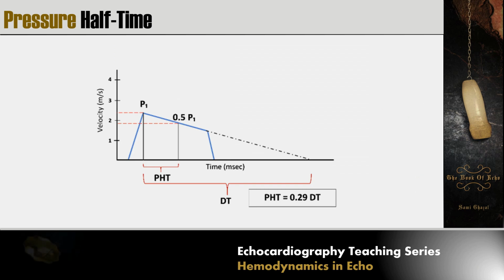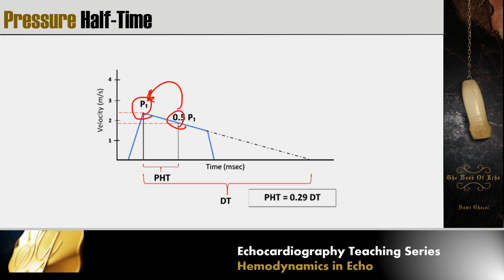A quick mention of pressure half time. The pressure half time is the time it takes the pressure to drop by 50%, from here to 50% of its initial value. It is important to realize that it is not the velocity which is dropping by 50%, it is the pressure. It is calculated from the continuous wave Doppler signal, where it can be automatically measured from the deceleration time.